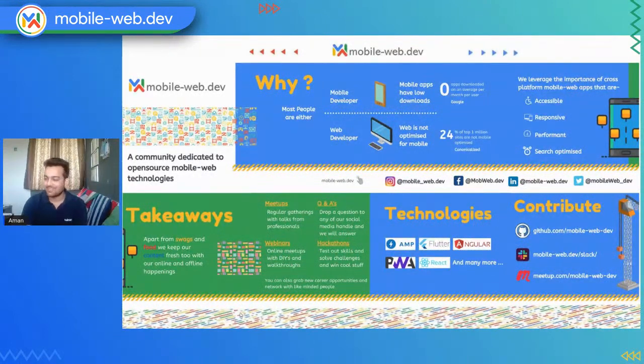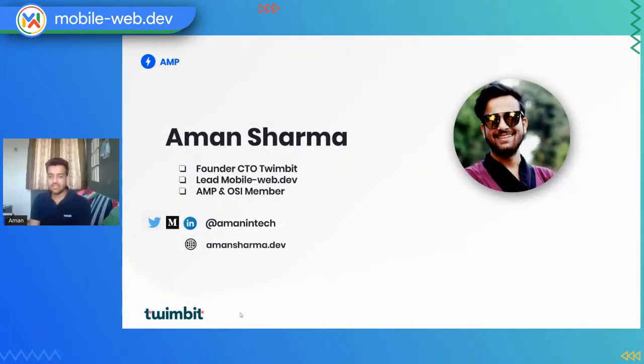But nobody will. Okay. So with this, I am Aman Sharma, and I am a founder and CTO at Twimbit. Twimbit is a research company based out of Singapore, and I'm also the lead and founder of Mobile Web Dev. Along with that, I am also an active member of AMP, Accelerated Mobile Pages, and the open source initiative.